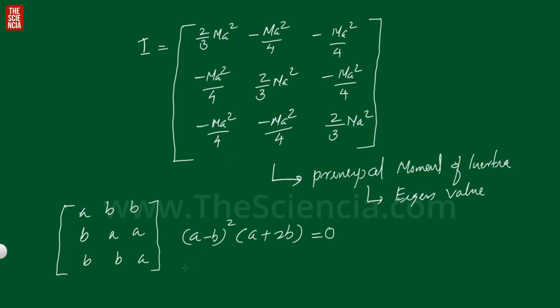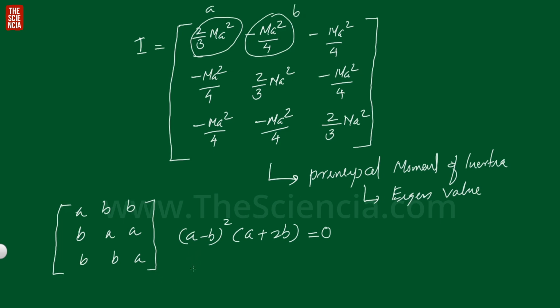So what do we get? Here A is 2 by 3 MA square and this is our B. So I am substituting in this equation, MA square. I am taking this common term into (A is 2 by 3 minus B).